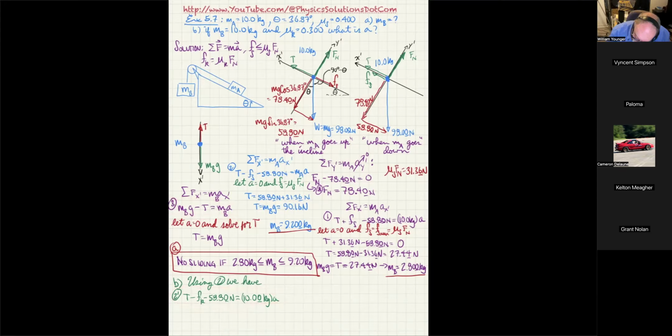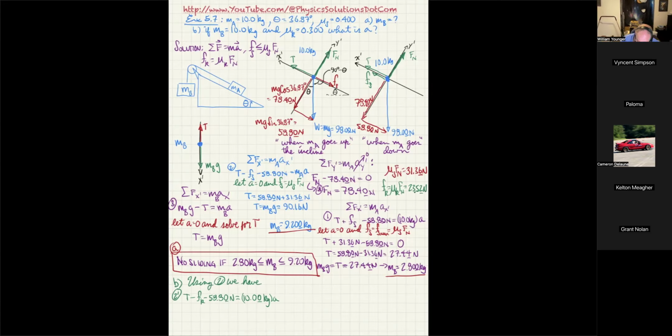And not only that, using green over here now, I am going to calculate the kinetic friction. So F kinetic is equal to mu kinetic times the normal force. And mu kinetic is 0.300, so 0.3 times the normal force, which was 78.40, gives me 23.52 newtons.